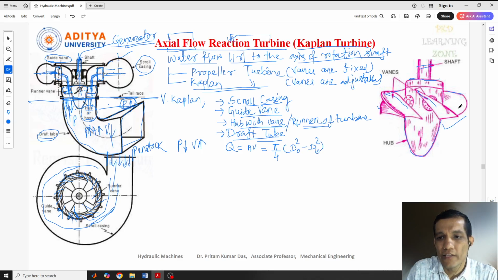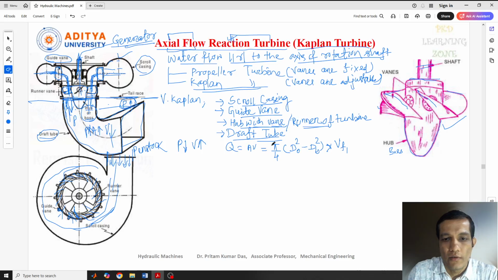So dh is the diameter of the hub or diameter of the boss. As I told you, hub or boss, both are included. This minus this, into this velocity, which is considered as VF1, the flow velocity. So by this we can calculate the discharge of the water.